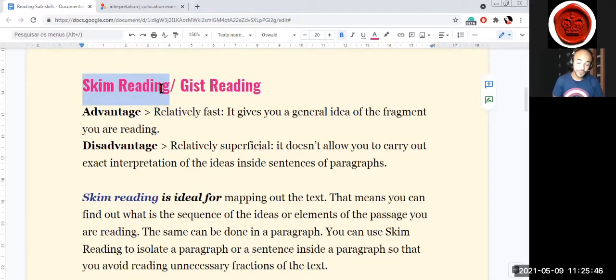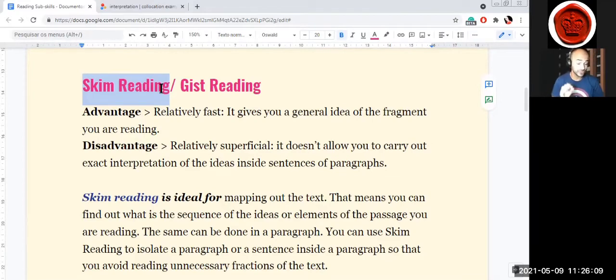And it's good because you can, for example, cover fractions of the text more quickly than by usual, let's say, close reading or deep reading, which is the slowest type of reading you can find. So the disadvantage is that it's relatively superficial. It doesn't allow you to carry out exact interpretation of the ideas inside sentences and paragraphs.